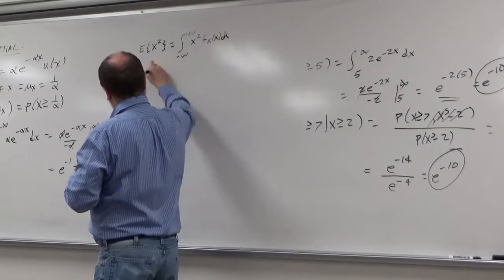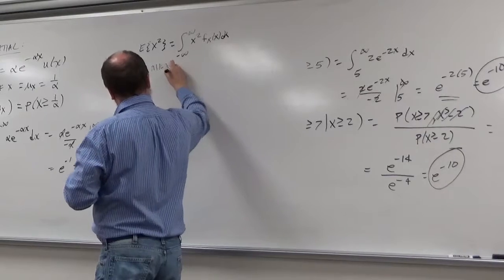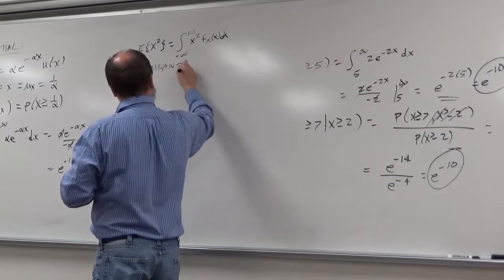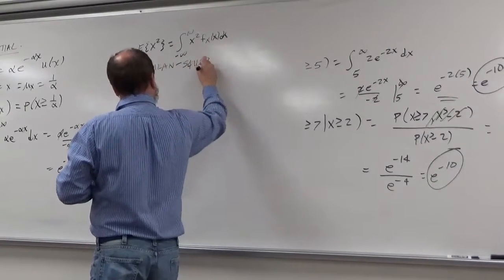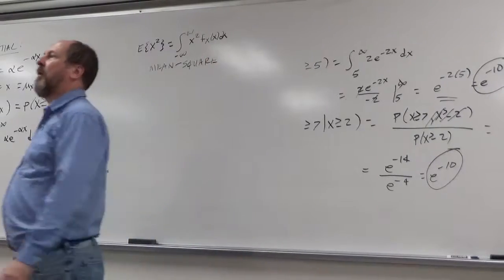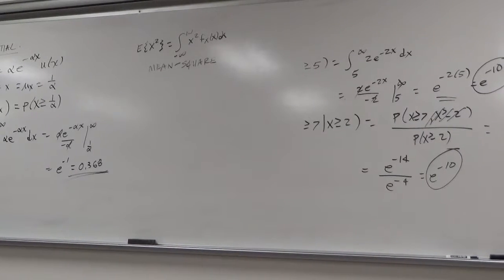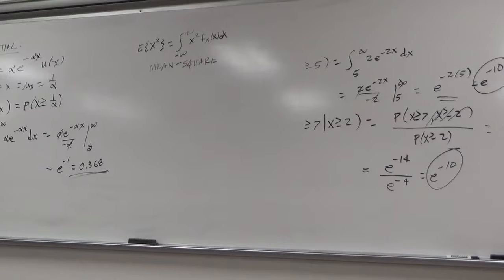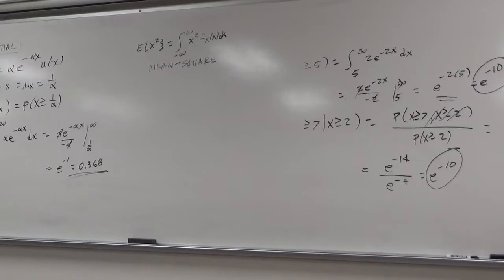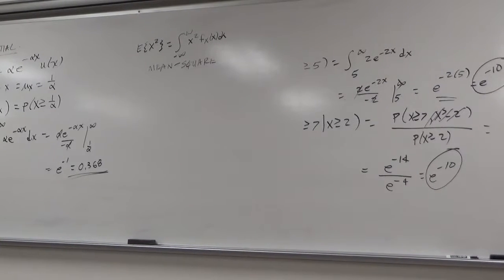This is called the mean square value. And one of the reasons it's important is that for us EEs, mean square actually has a meaning.